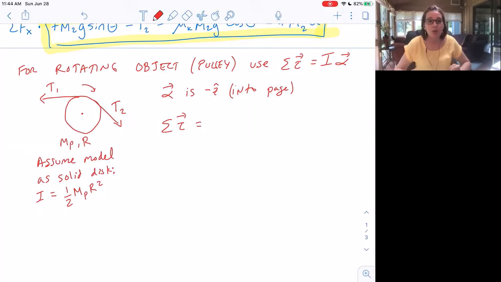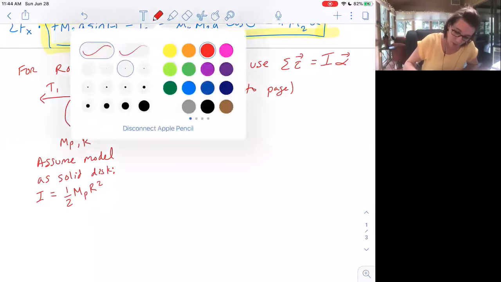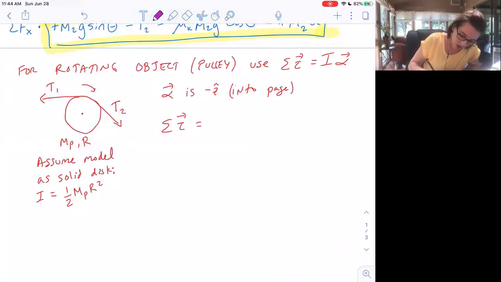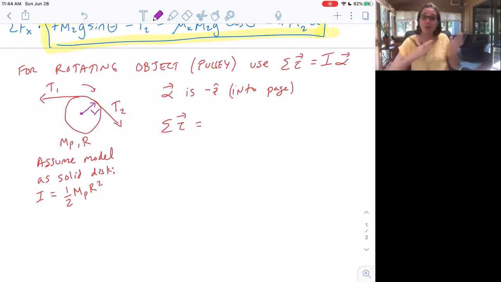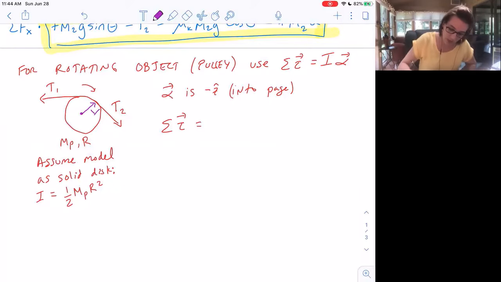So the sum of torques is going to be coming from R cross F. Remember then that R points from the axis to where the force is applied, and it's always going to be perpendicular. So in this case, I can write out the sum of the individual torques. If I look at the direction of them, let's start with T1.